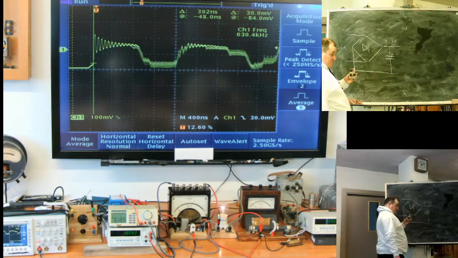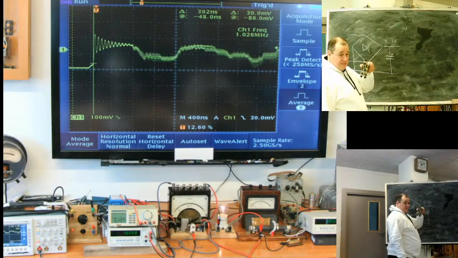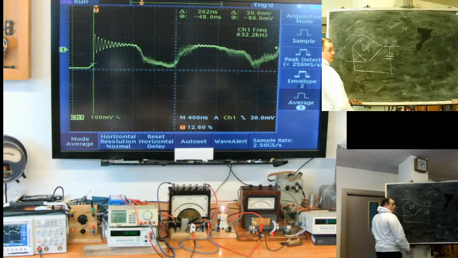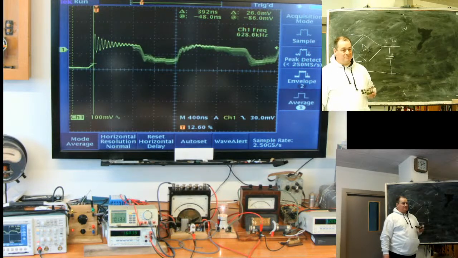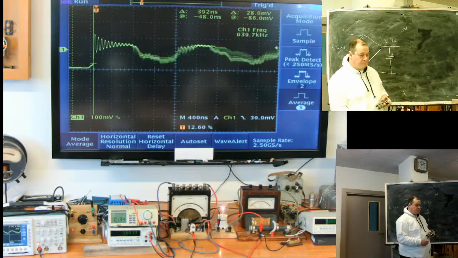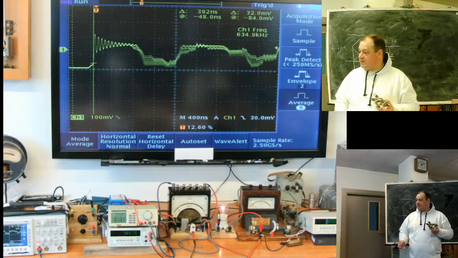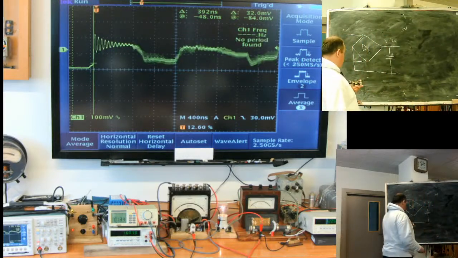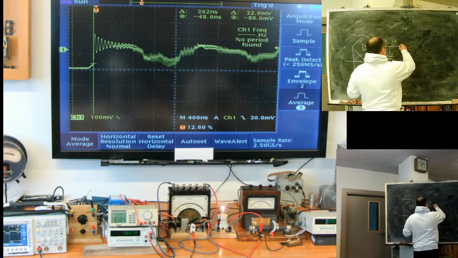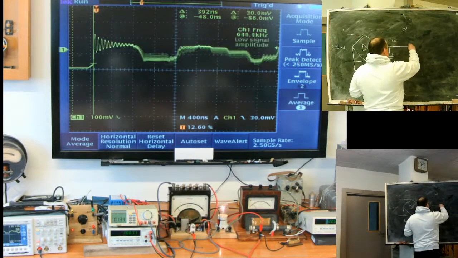Wait one second, I will draw simplified schematics of this. Where is this one actually from? This one, a cash register. This was a cash register.